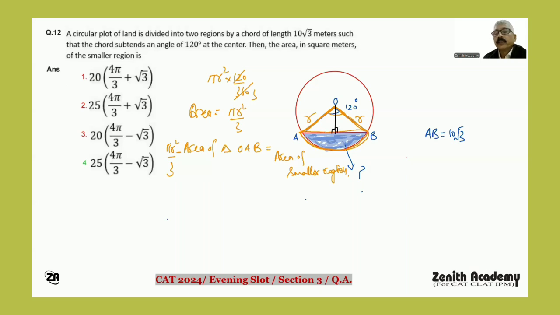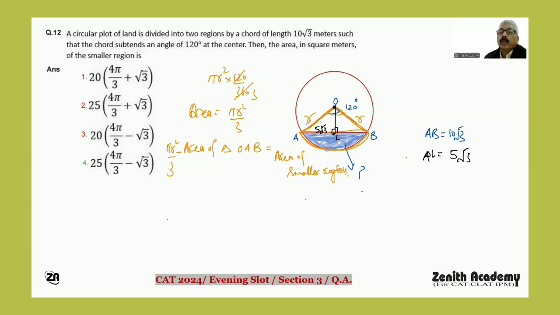It is 10 root 3, so let this perpendicular be OL. Sorry, AL is 5 root 3.